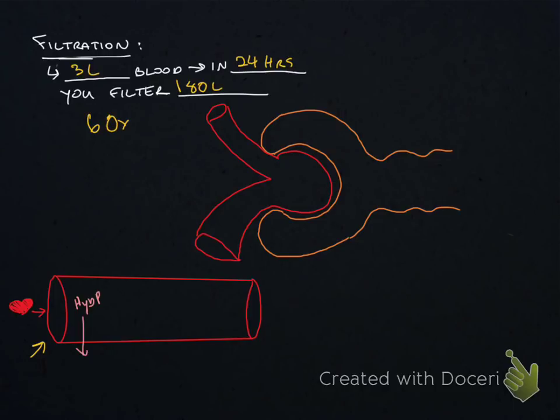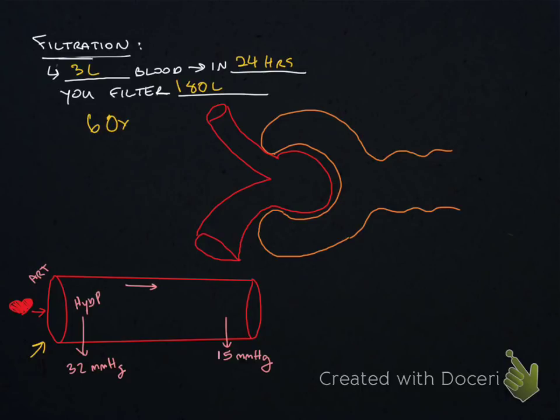Let's say hydrostatic pressure at the arterial end of the capillary is 32 millimeters of mercury. As blood flows across the capillary, hydrostatic pressure lessens, and let's say it ends up being about 15 millimeters of mercury. It decreases, remember, due to friction.